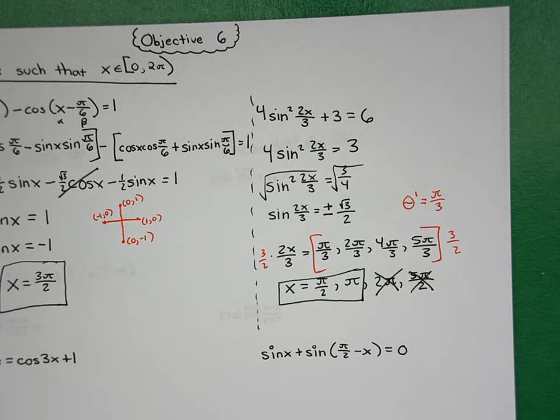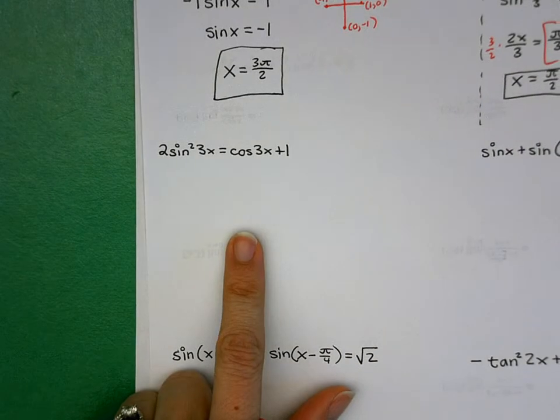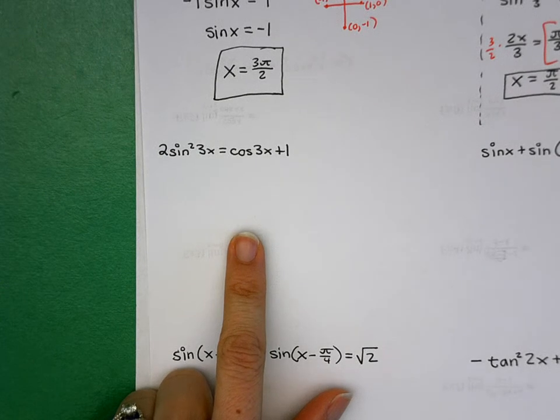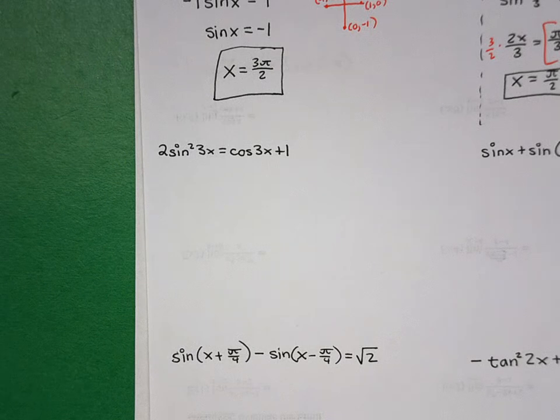Okay, next up, go ahead and pause the video, give this one a shot, and restart it when you're ready. Okay, so 2 sine squared 3x equals cosine 3x plus 1.